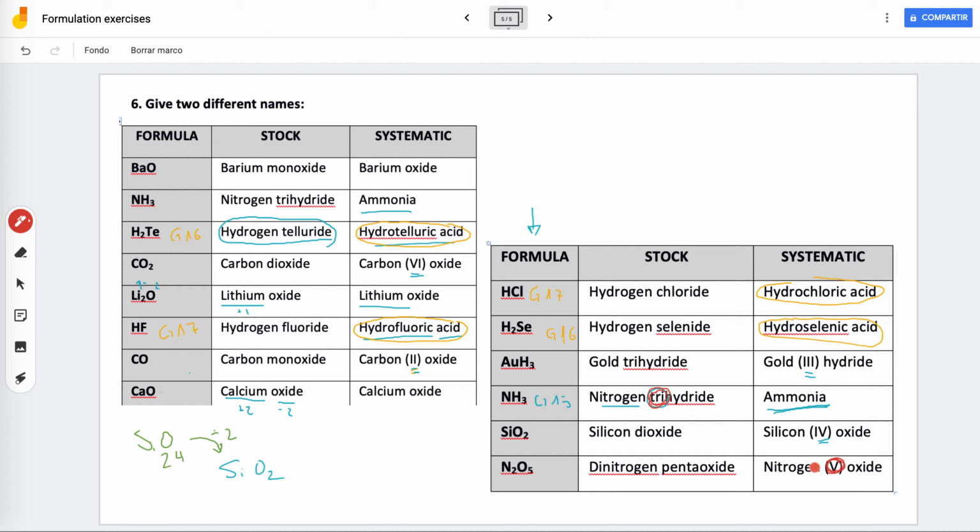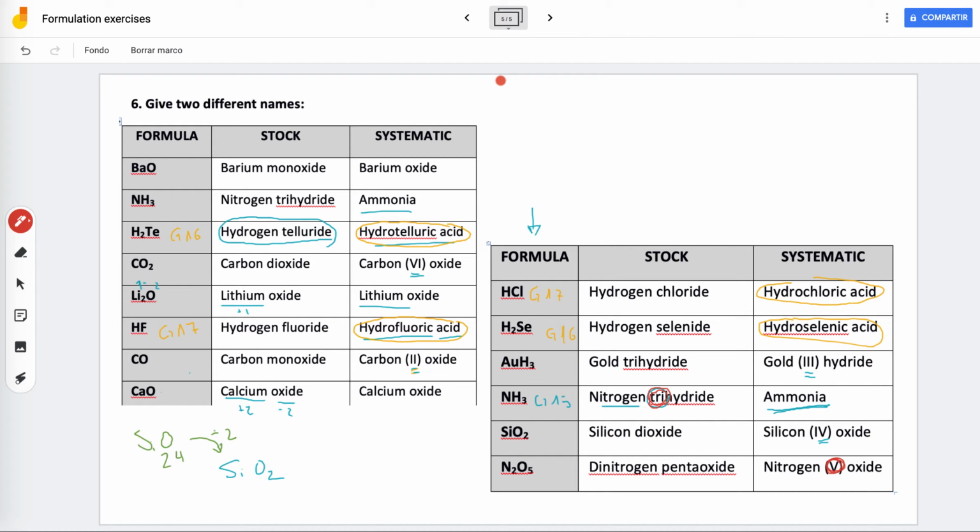That's it. Okay. So these are the solutions of the exercises. I hope you understood and followed all the explanation.